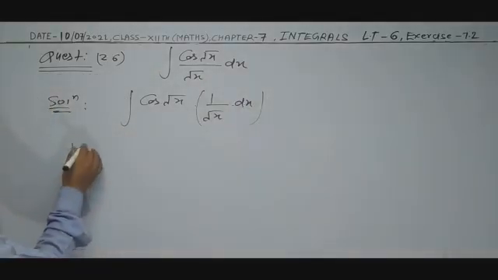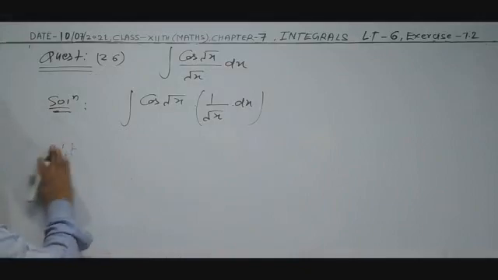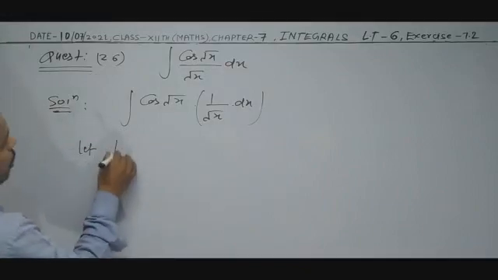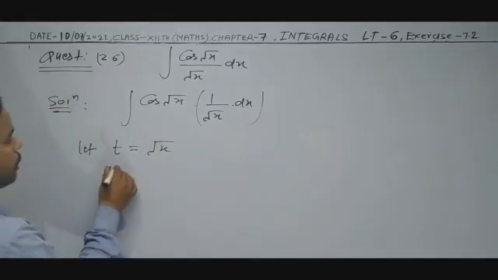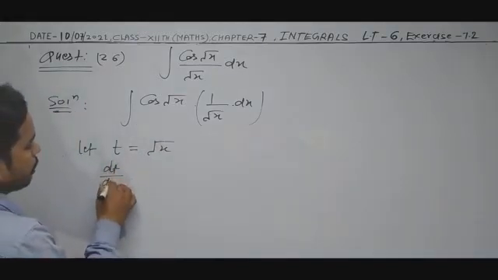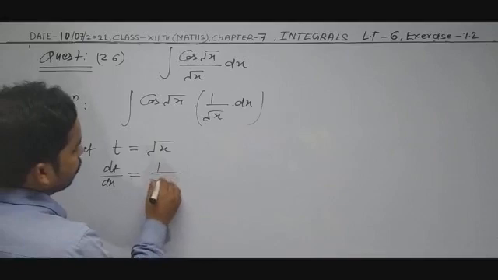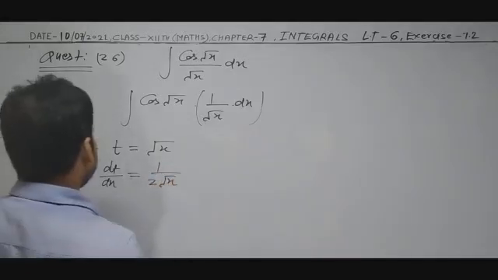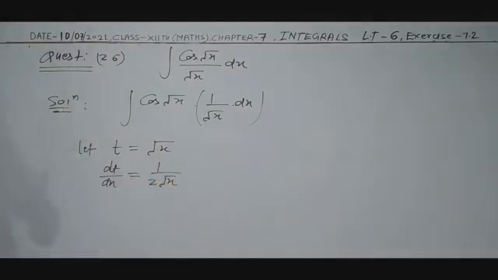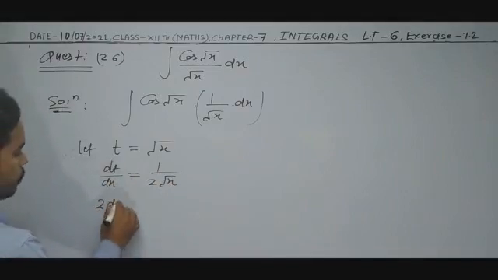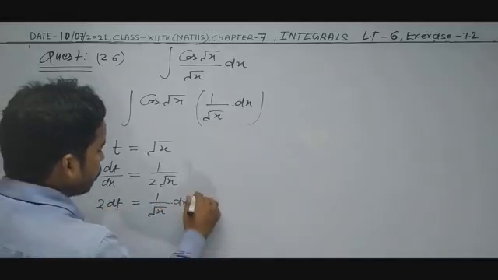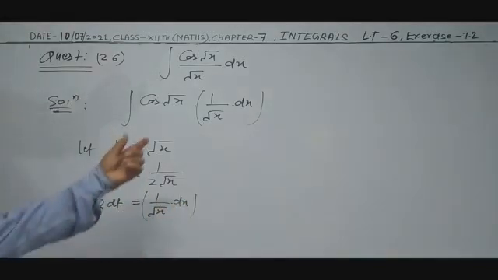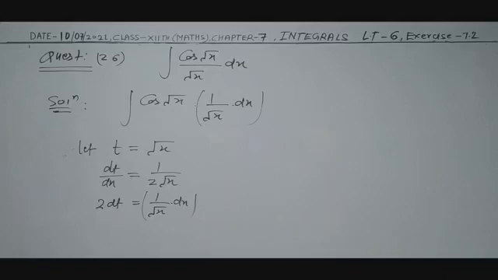So let t is equal to root x, and you know dt by dx is 1 upon 2 times root x. So now 2 times dt can be written as 1 upon root x times dx.